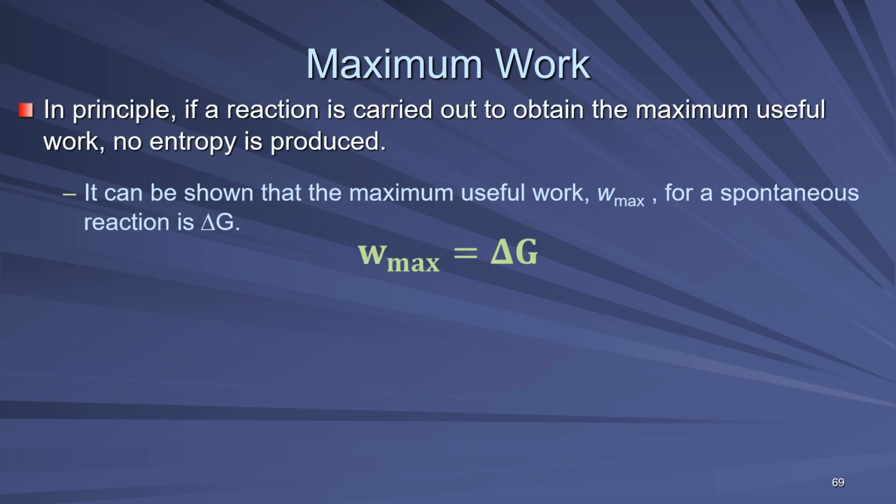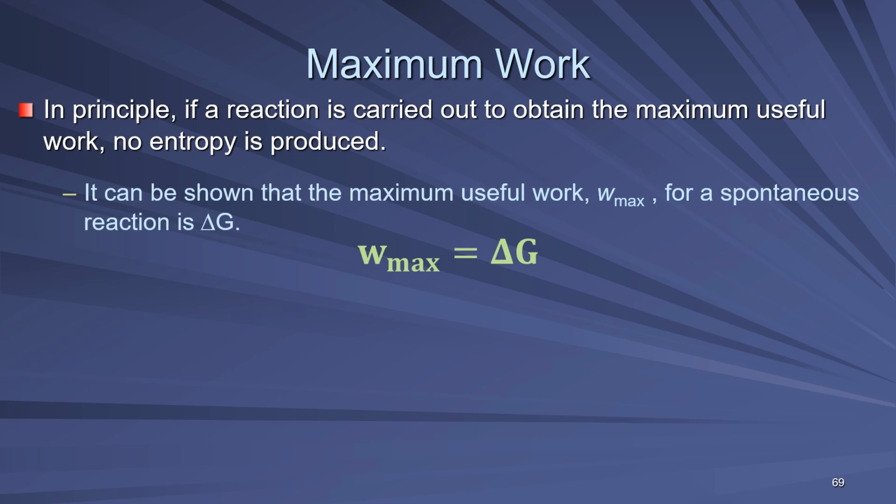And so, in principle, if we carry out this reaction to get the maximum amount of work that we can get, it means that no entropy is produced. In other words, we have totally gotten all the work out of it that we can.